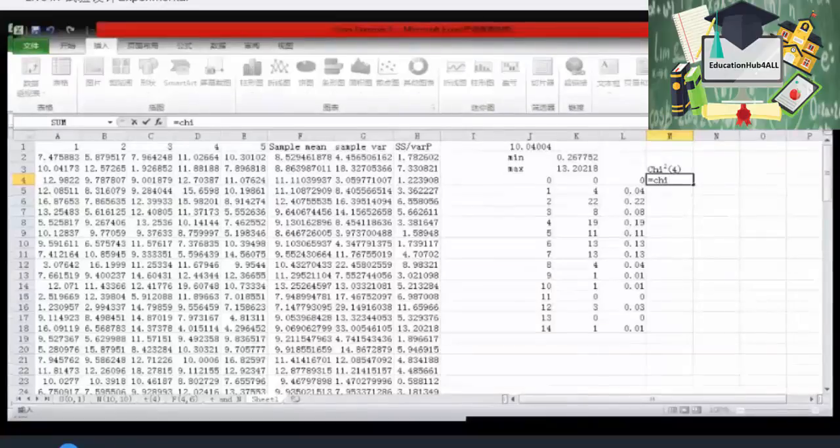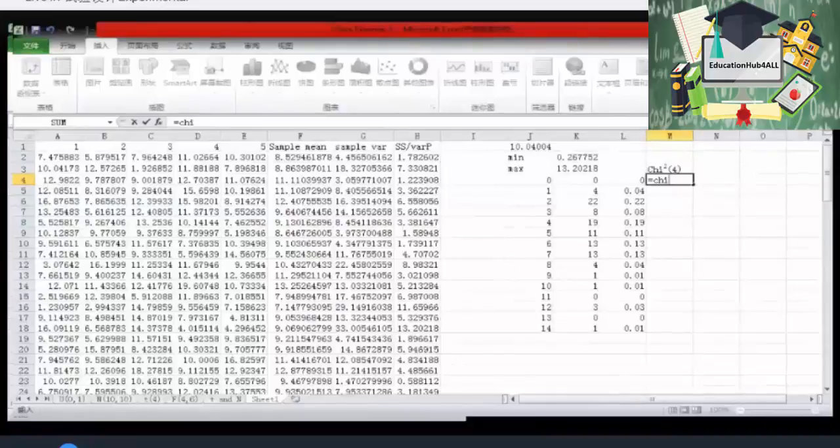Normally, for the probability on the left side, we use this one. But sometimes when we do a hypothesis test, we want the significance probability, basically the right tail.